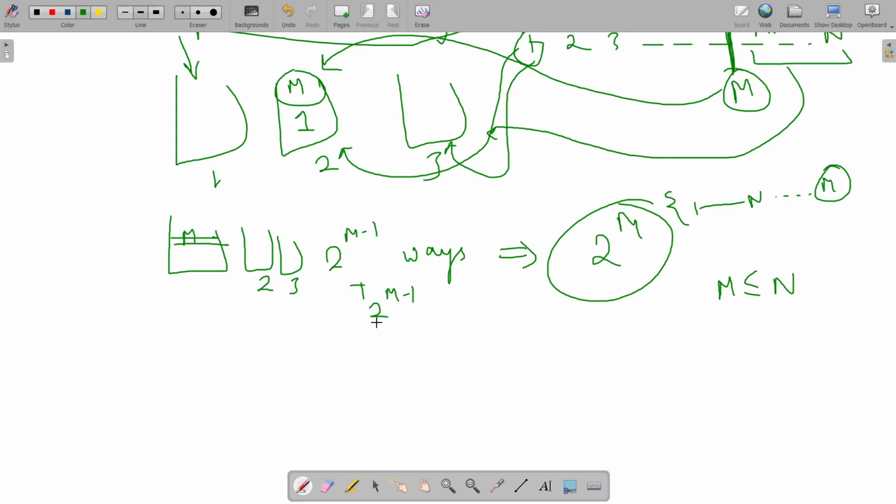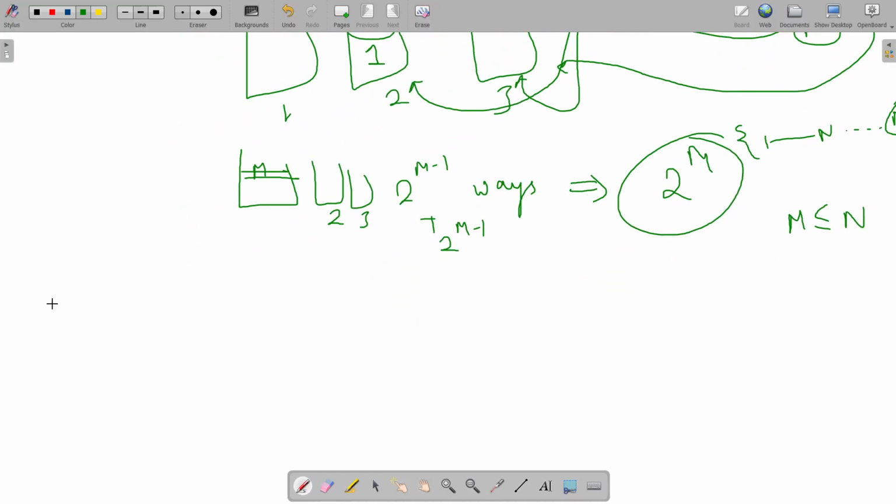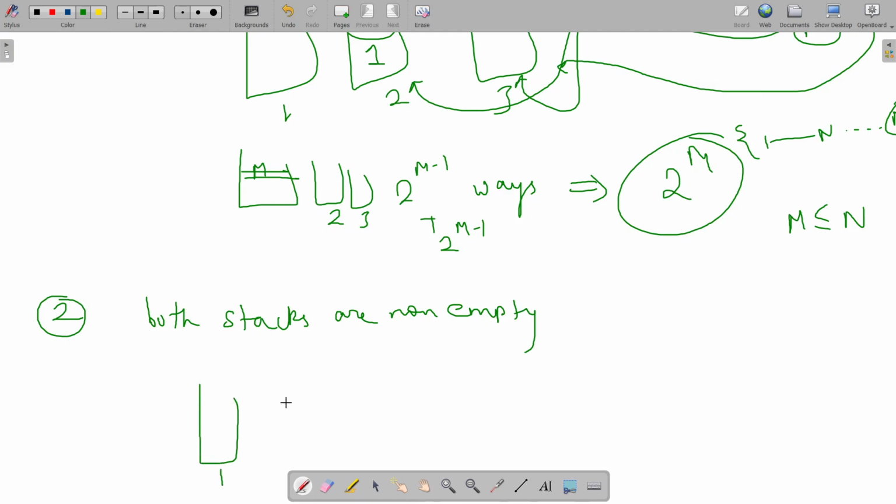Okay. Now the second case. Second case, both the stacks have some element. So both stacks are non-empty. Suppose this is the first stack, this is the second stack, this is the third stack. We have numbers all the way from 1 to n.